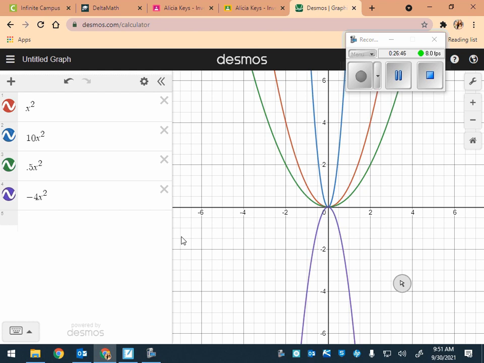So the negative only means a reflection, but there's a 4 also in front, so what else is happening?